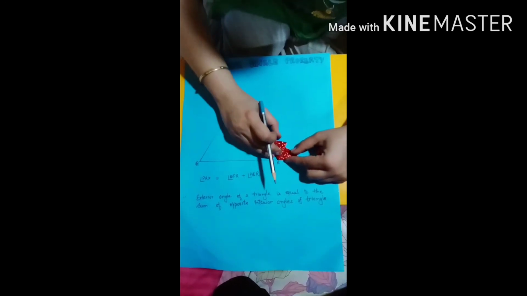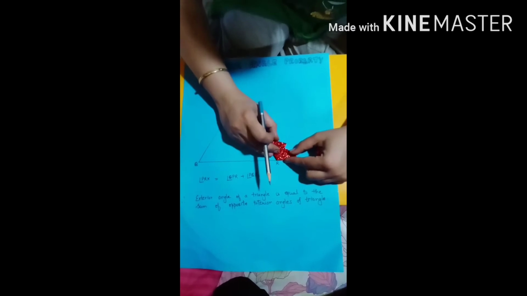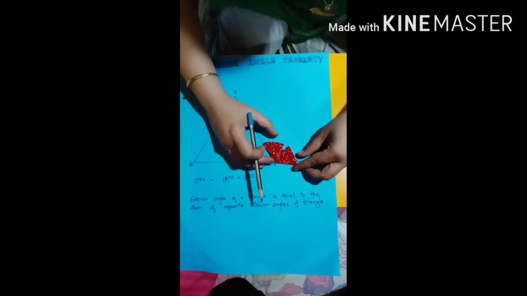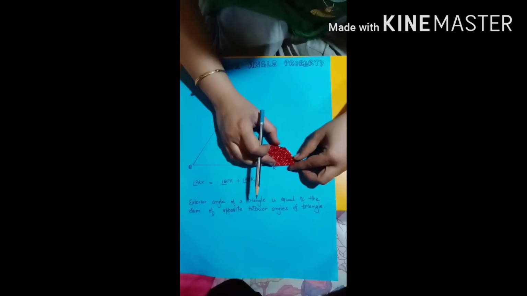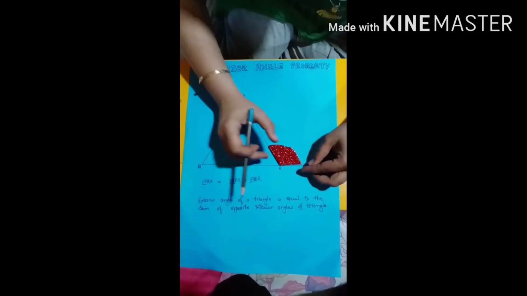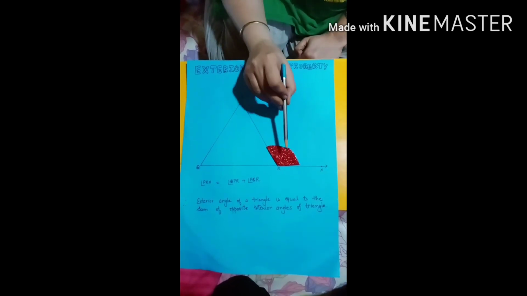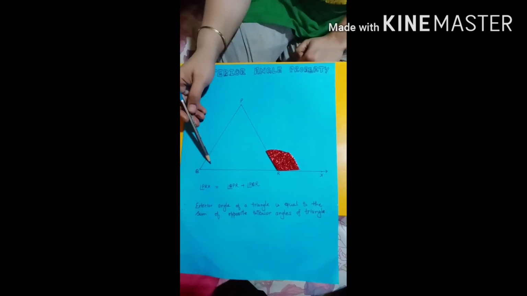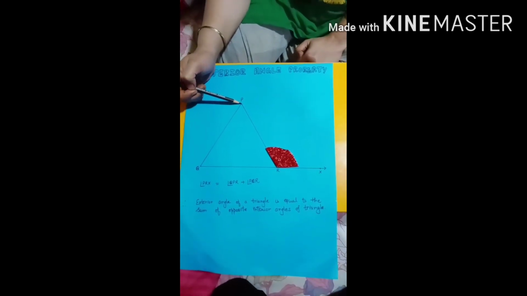When I place it here, it is going to overlap the exterior angle. This shows that this exterior angle is equal to the sum of the opposite interior angles.